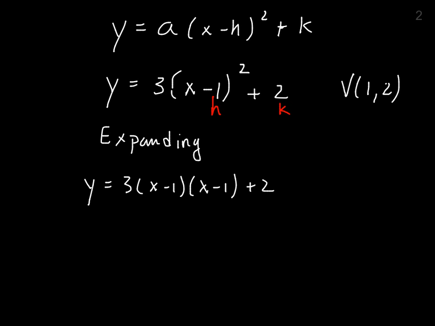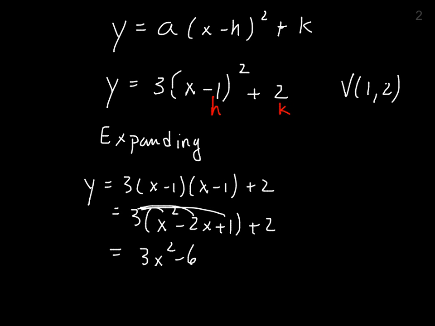Now we FOIL, we distribute the two brackets one with the other, and that gives us x squared minus 2x plus 1, plus 2. Now we distribute the 3 into the bracket, and we get 3x squared minus 6x plus 3 plus that 2, and then we group the last two terms together, and finally we have y equals 3x squared minus 6x plus 5.